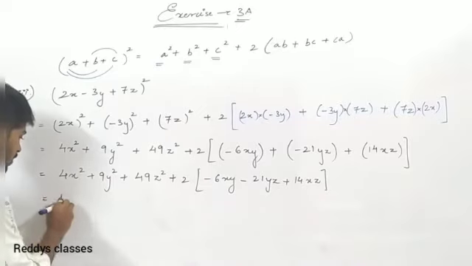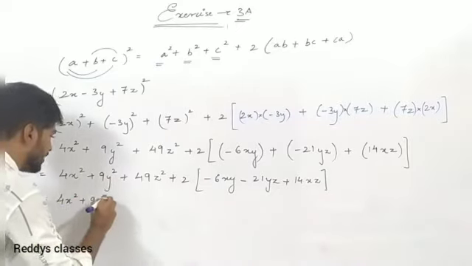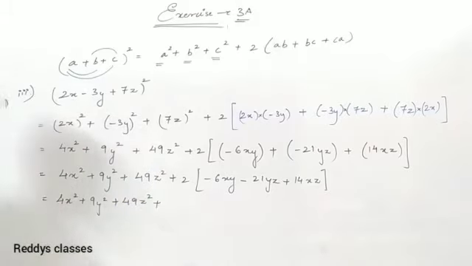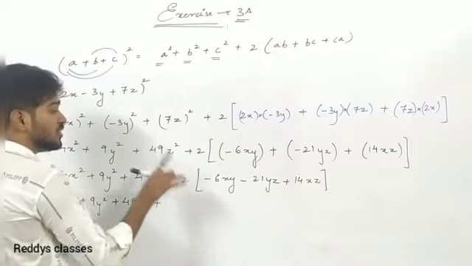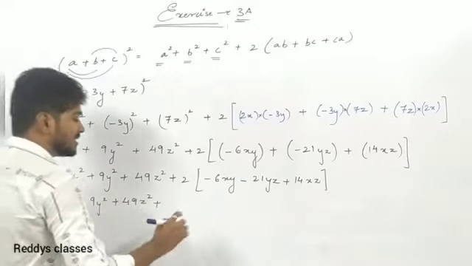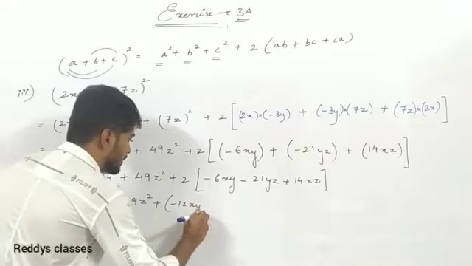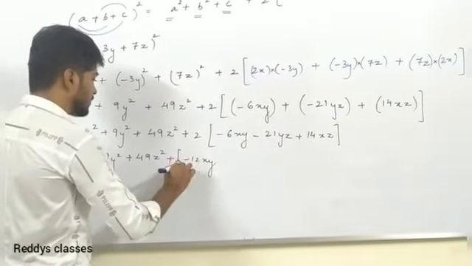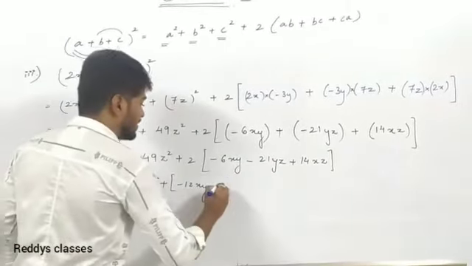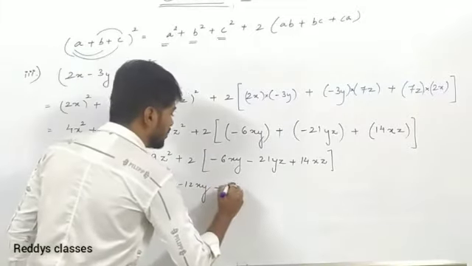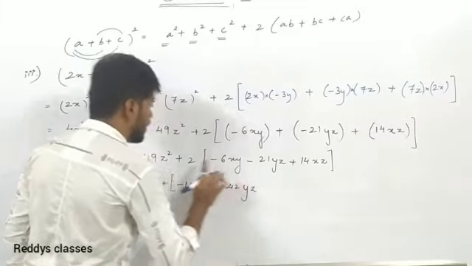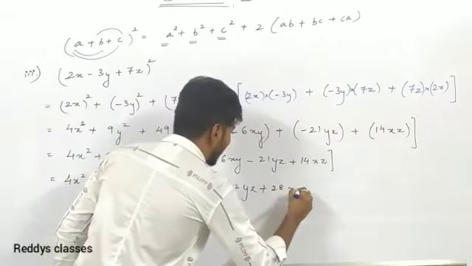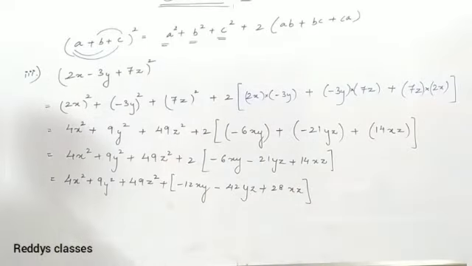Now 4x square plus 9y square plus 49z square plus, now 2 into minus 6 is what? Minus 12xy. We have minus 12xy. See how we are going to use this equation: minus 12xy plus minus, once again we got minus 21 times 2, 42yz, plus 14 times 2, 28xz. That's it, we have the value here.